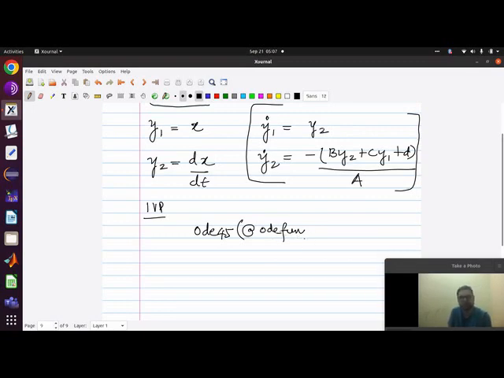So ODE function takes inputs y1, y2 and time, and then initial values of y1, y2 and time, and the outputs will give y1 dot and y2 dot. Here you have to give your time span 0 to t, and then your y1 at time t equals 0, y2 at time t equals 0. Once you give this, your ODE function in MATLAB will solve the ordinary differential equation and give you the values of theta and theta dot, or sorry, y1 dot and y2 dot.